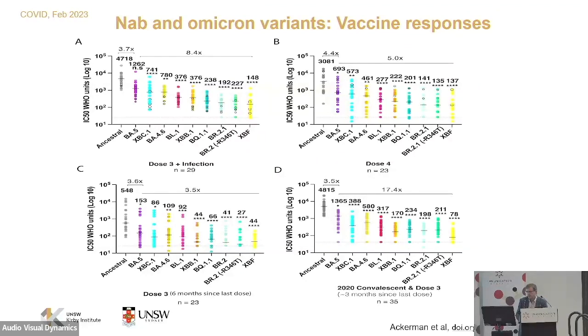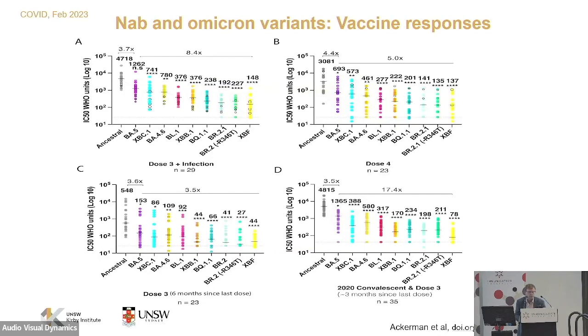If you look in a different way, these are now from the vaccine and convalescent cohorts, showing people who have had 3 doses plus infection, 4 doses of vaccine, or 3 doses alone, or 3 doses following infection. And what you can see is, as I've shown you before, there is a significant hit taken to the neutralization capacity by the Omicron strains.